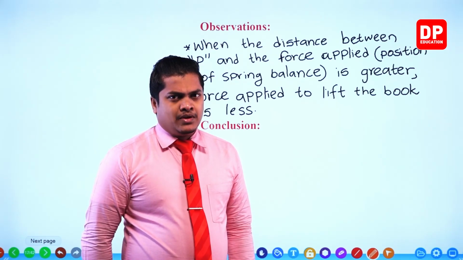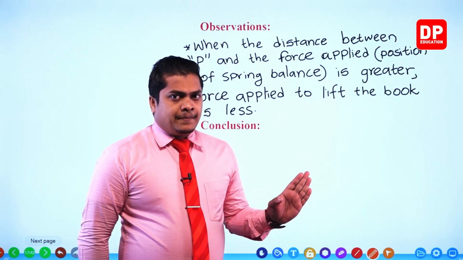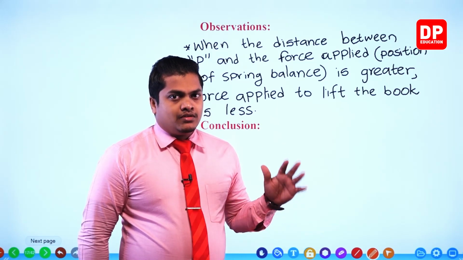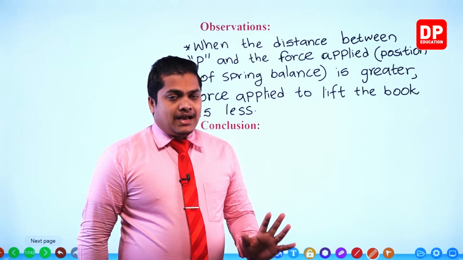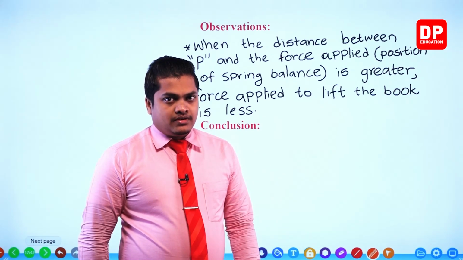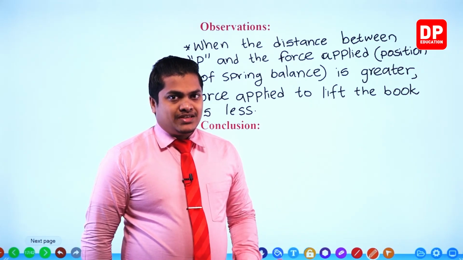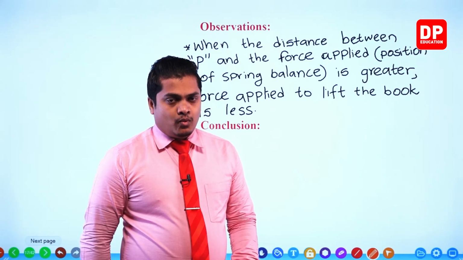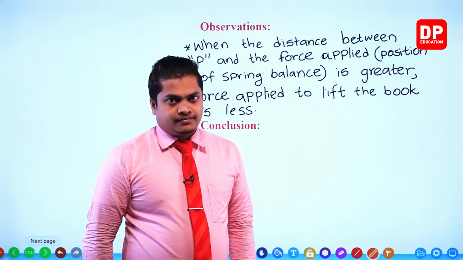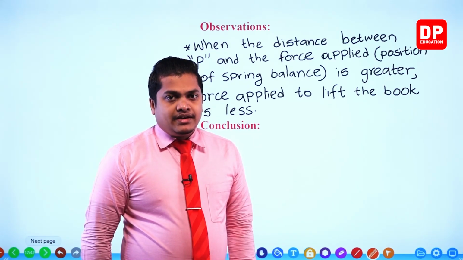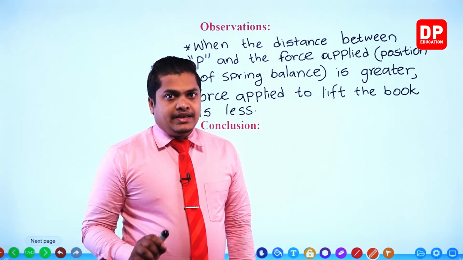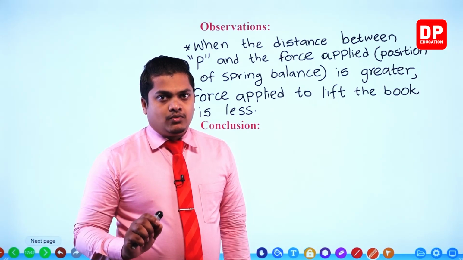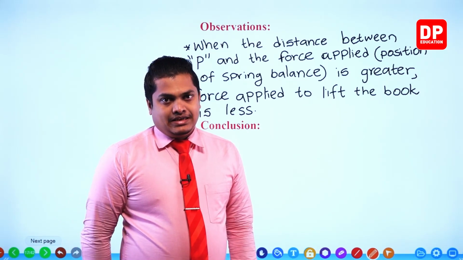Quite simple, no? By using this instrument, the lever, by applying a less force, meaning force which is lesser than the weight of the object, we can lift it without trouble, which means the lever is going to make our work easy, right?